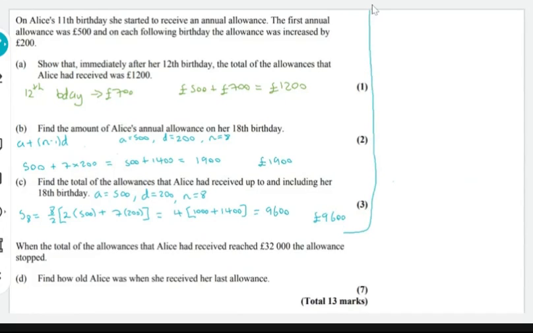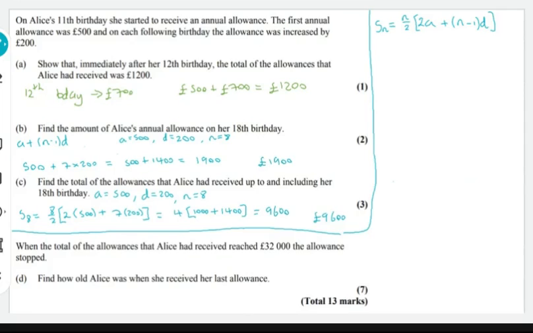For when they definitely stopped it, some formula. Okay, so then how old she was? We could use the formula Sn equals n over 2 brackets a plus l, couldn't we? Uh, we don't know what the last term is though.